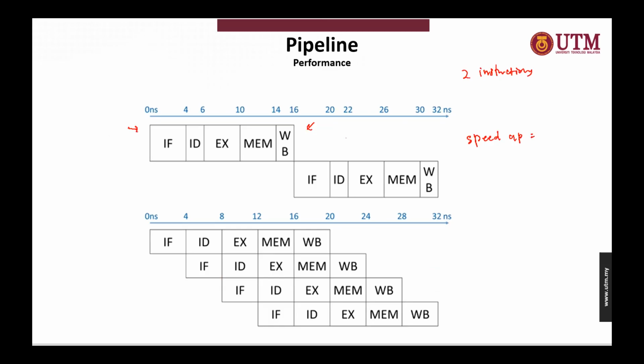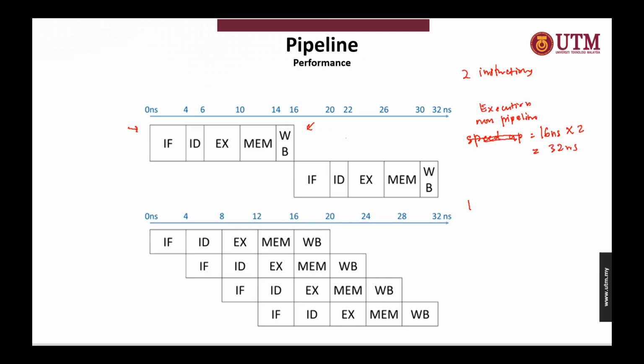One instruction costs you 60 nanoseconds, multiply by 2, you will get 32 nanoseconds. So this is for the non-pipeline execution.